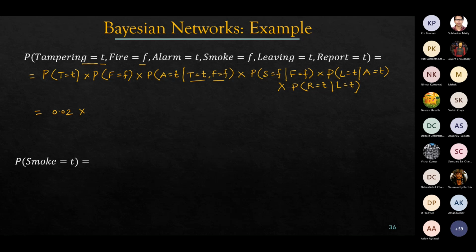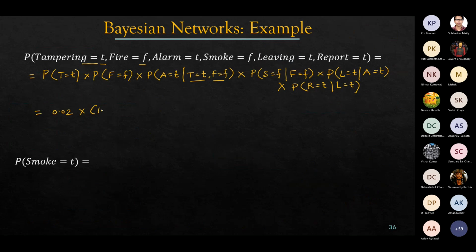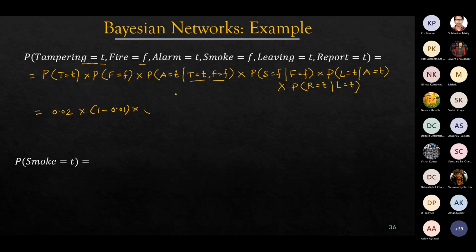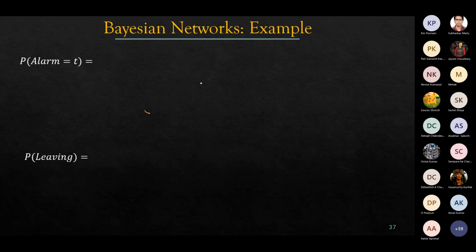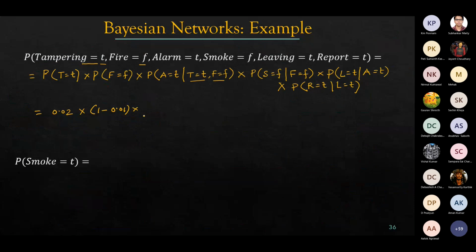Okay, sir. So probability of F given F is 1 minus this, right? So it will be 1 minus 0.01, right? And what will be the probability of alarm T given tampering equal to T, fire equal to F? These values, so 1 minus these values?